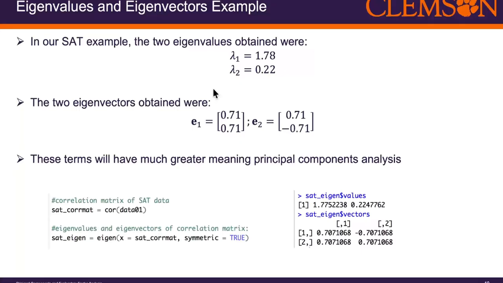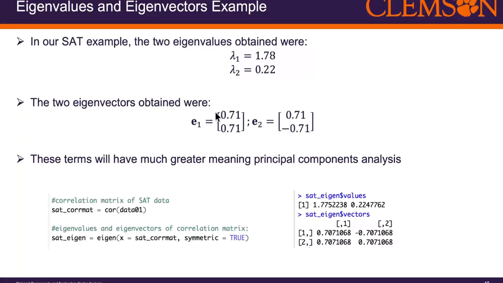So we took our correlation matrix from our two SAT variables, and we broke that into eigenvalues and eigenvectors. So with two variables in our correlation matrix, we end up getting two eigenvalues and two eigenvectors. The eigenvalues are listed here. The very largest one is 1.78, and the smaller one is 0.22.